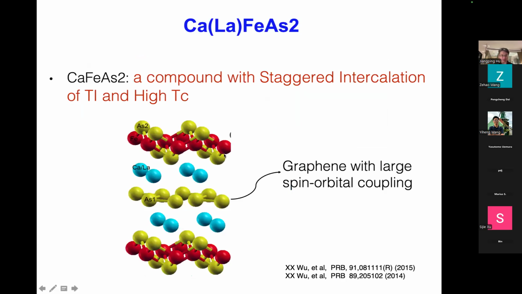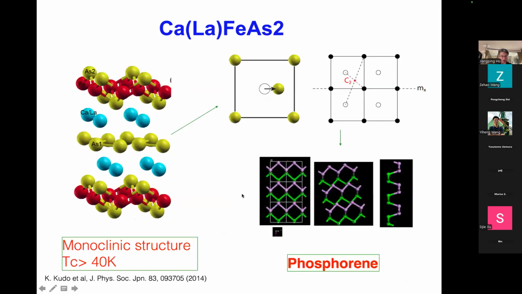So let me first discuss these 112 materials. The 112 material has this iron arsenic layer, which gives superconductivity, but they also insert an additional arsenic layer between these. This inserted arsenic layer is actually topologically nontrivial.